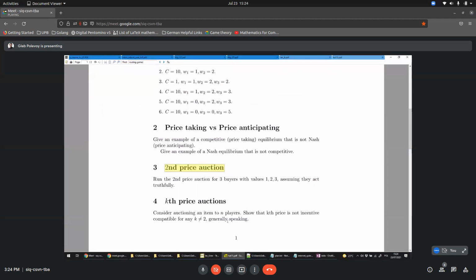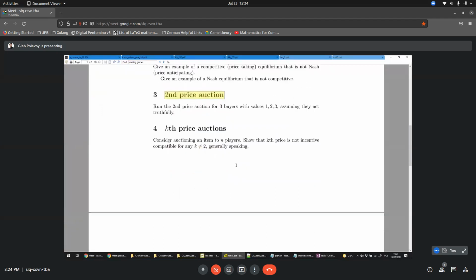The next exercise is a bit more interesting. At the lecture, I mentioned that the first price auction is not necessarily truthful, while the second price auction, we proved it is. Now, what I want to show is consider auctioning an item to n players. You may choose the n, you may choose everything.